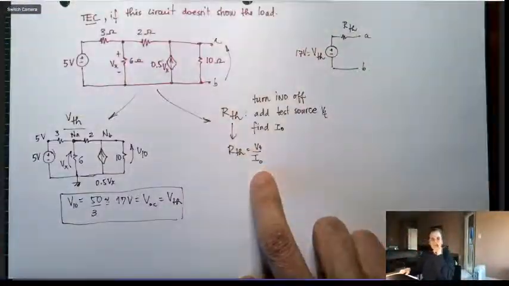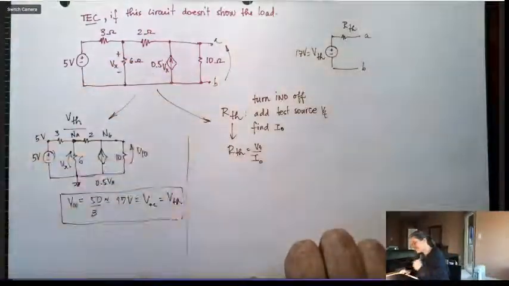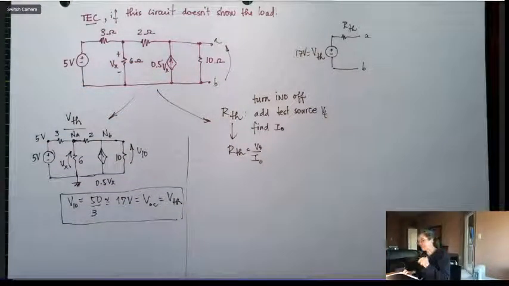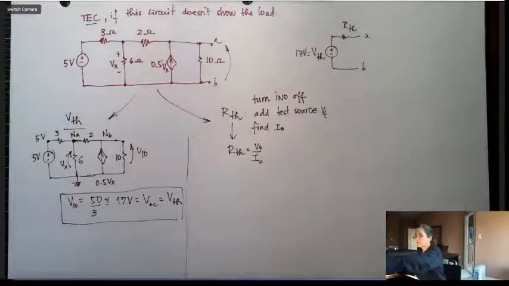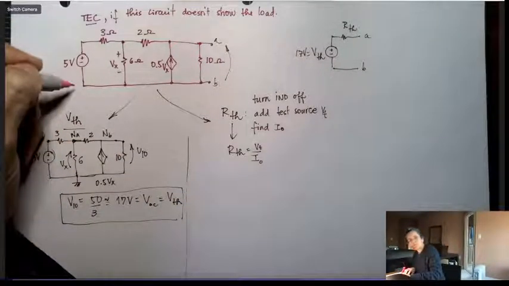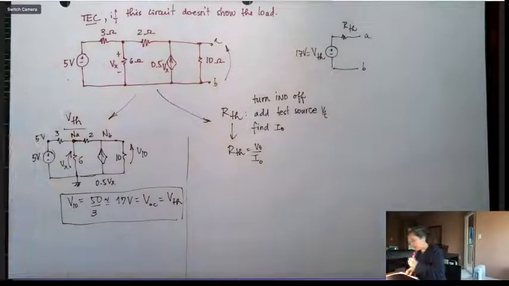And I'm going to go over to the Thevenin resistance, and this is where we're going to find the current that goes through a circuit that's like this. I'm going to short the circuit, this power supply, because it's voltage.